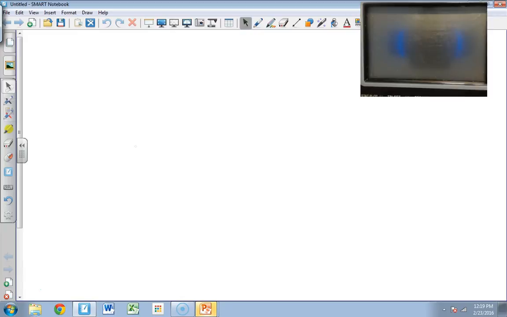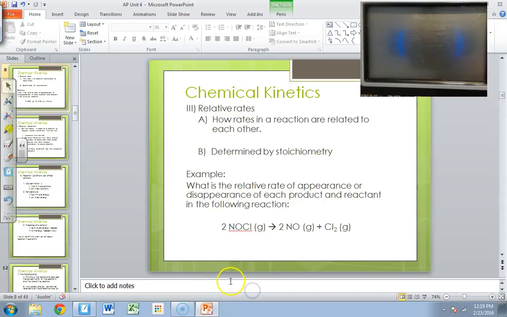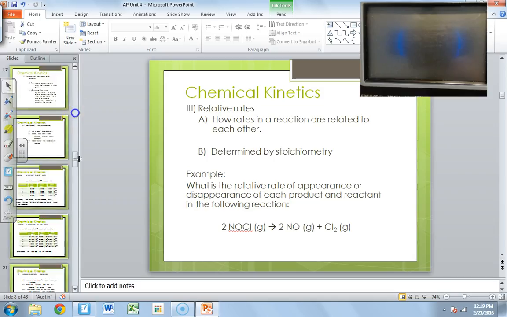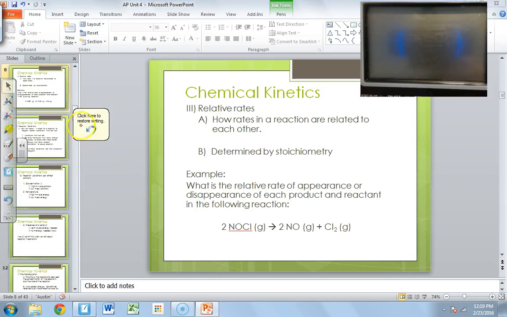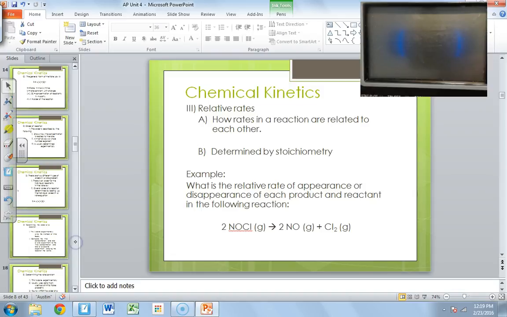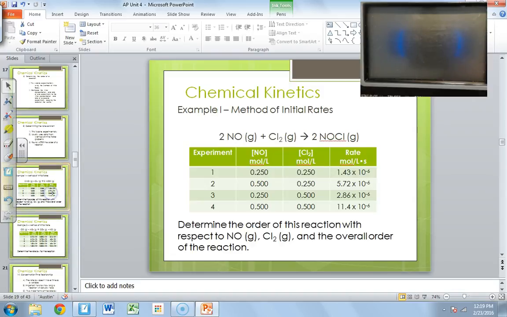So here's what we do in order to determine the order of a reaction, or the order of one of the reactants. I'm going to pull up this slide so I can easily go in between the two here. That probably all looks familiar to you.